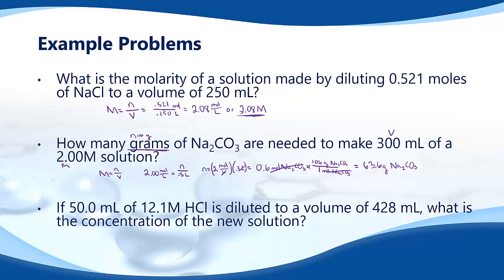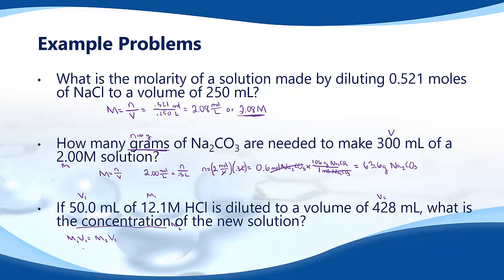Our third question is a dilution question, right? Because you notice we have two volumes. So 50 milliliters is my V1, 12.1 molar is my M1, 428 mils is V2. I'm being asked to solve for concentration, so I'm being asked for M2. Again, M1V1 equals M2V2.